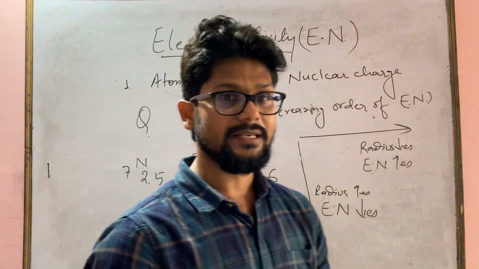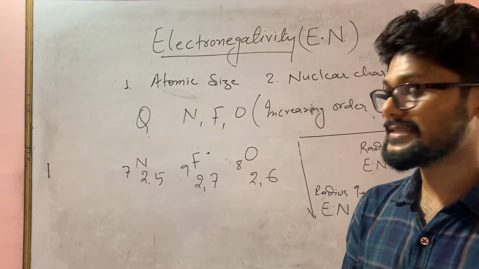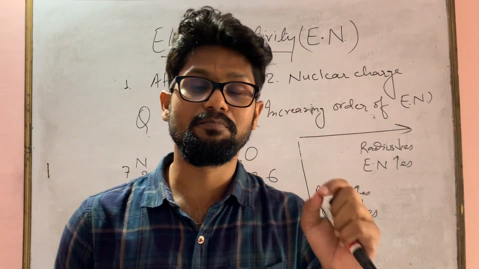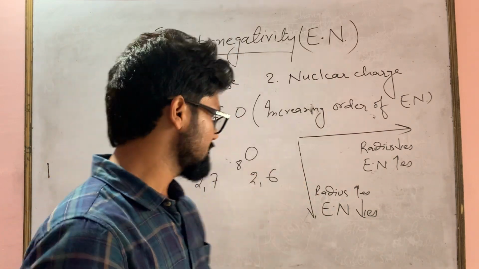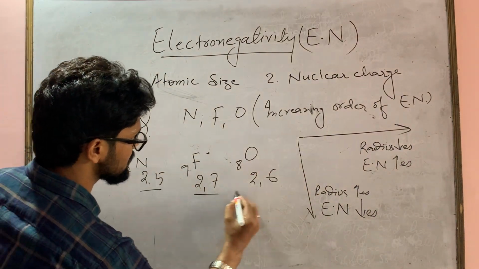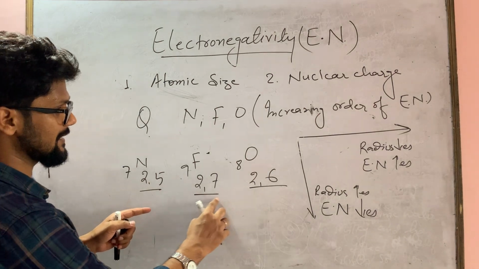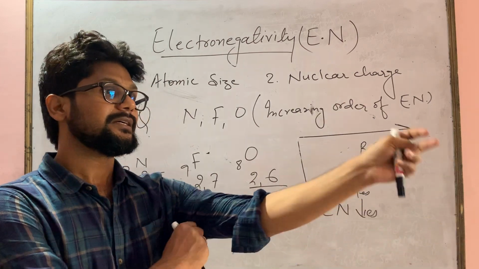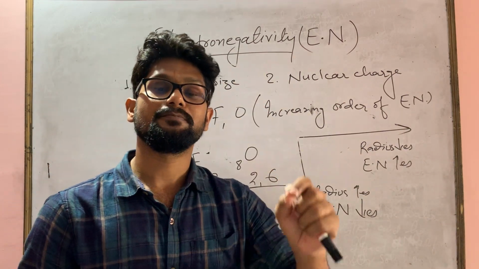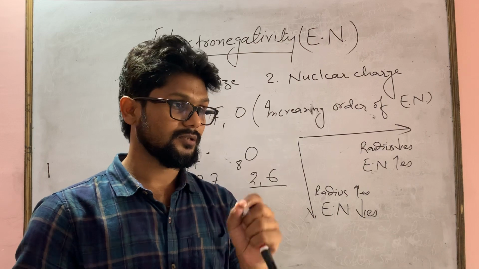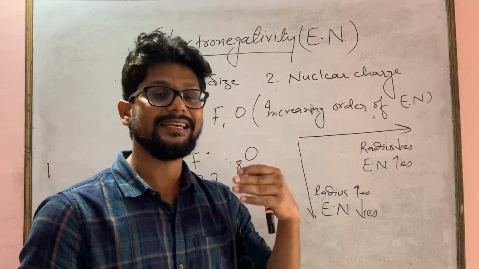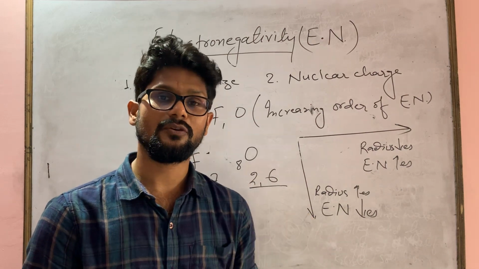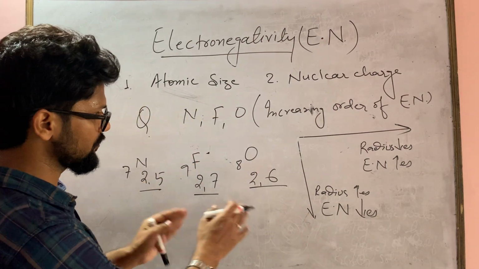One more concept is, if atoms possess the same number of shells, they belong to the same period. You can see that all the atoms have two shells, K and L, so they are present in the second period. This is the key: you can get the period by looking at the number of shells.